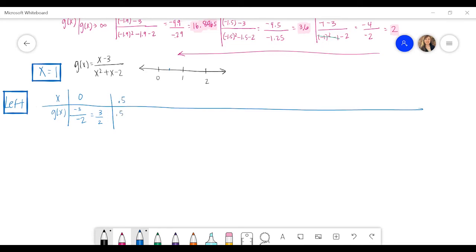So 0.5 minus 3, over 0.5 squared plus 0.5 minus 2. So this becomes -2.5 divided by, this would be 0.25 plus 0.5 minus 2, so -1.25.